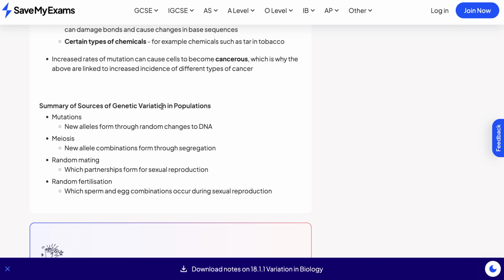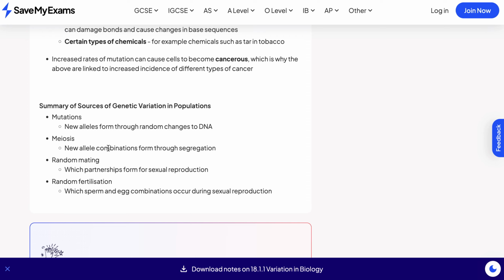Another factor that causes variation is meiosis. In meiosis, new allele combinations form through segregation, because the division is taking place and new ones are formed through division.